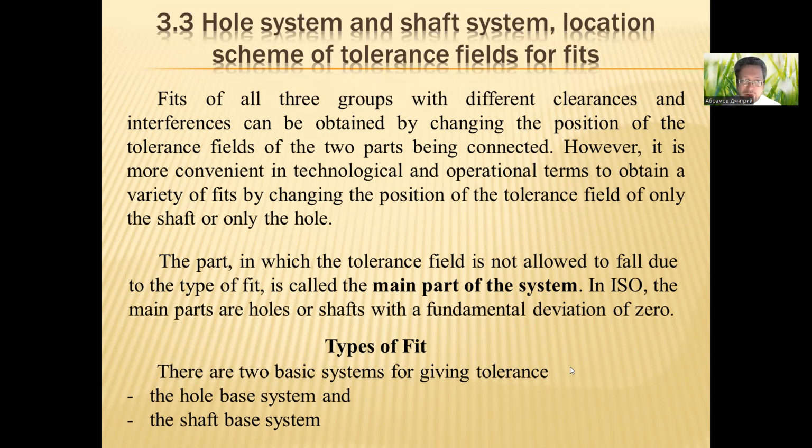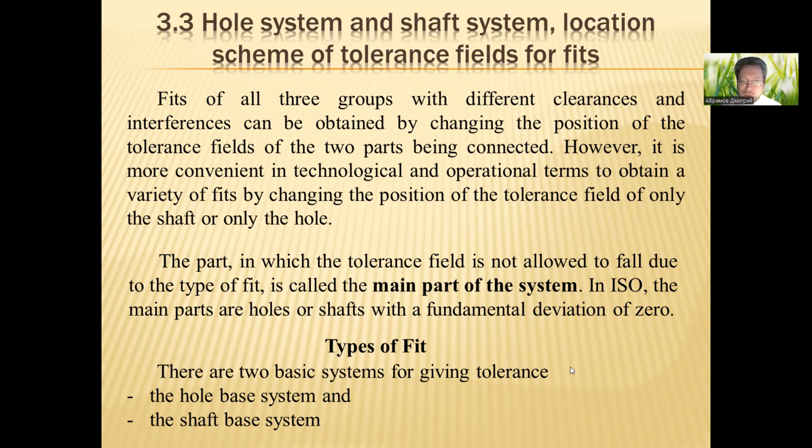However, it is more convenient in technological and operational terms to obtain a variety of fits by changing the position of the tolerance field of only the shaft or only the hole.